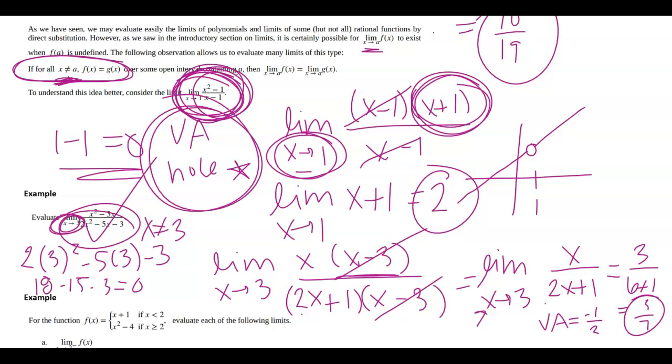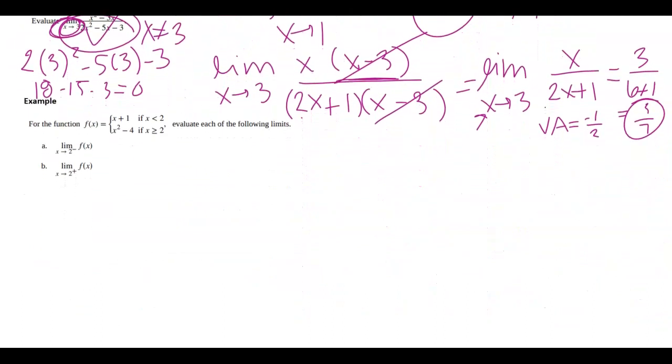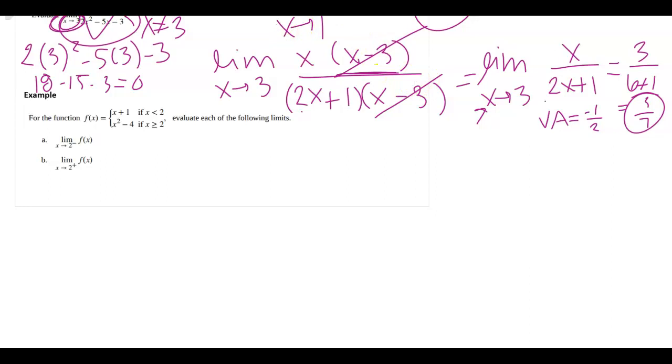All right, we have one more example here in this video. Let's look at a piecewise function. On this piecewise function, notice I have x plus 1 if x is less than 2, x squared minus 4 if x is greater than or equal to 2. My first one here is I want to approach 2 from the left.